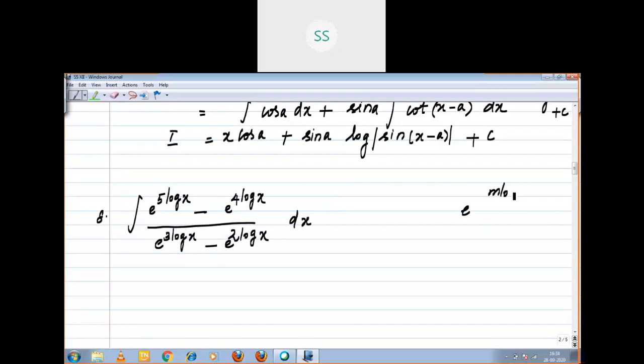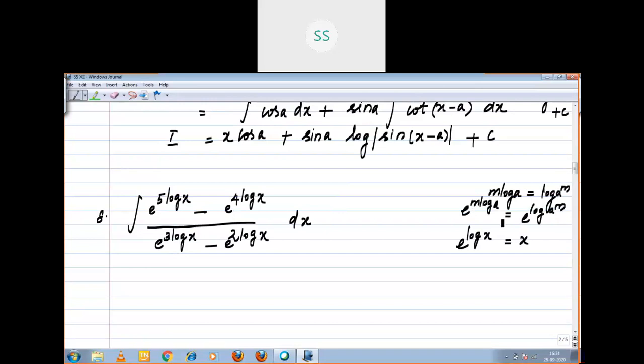E power m log a, that is m log a can be written as log a power m. So e power m log a equal to e power log a power m.